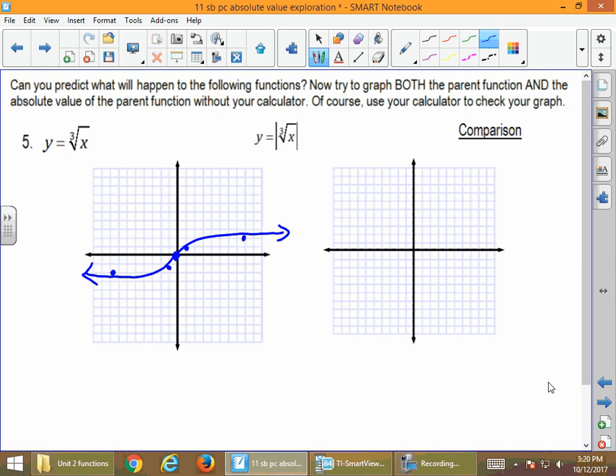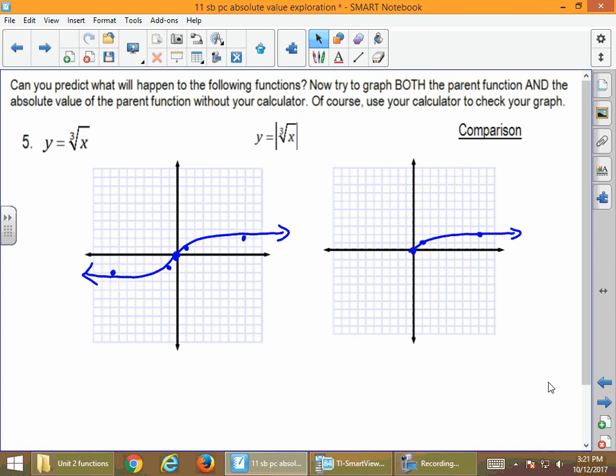Well, the thing is, when we're taking the absolute value of that function, any points below the x-axis are going to go above the x-axis. So the 0, 0 and the 1, 1 and the 8, 2, they're not going to change. That's still there.